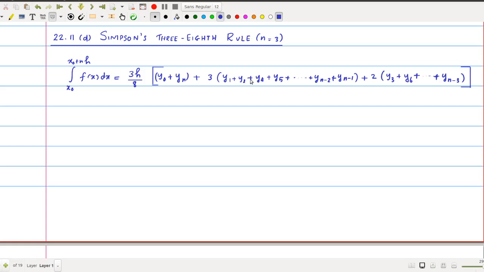So we are omitting the multiples of 3 in the first bracket, and we collect all those in the second bracket, 2 times the multiples of 3. This is what we call Simpson's 3/8 rule.